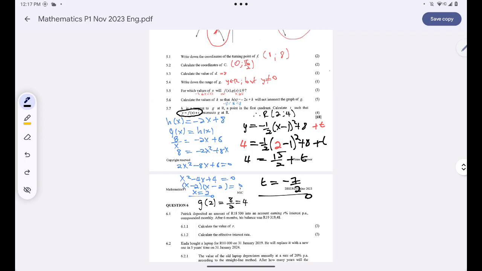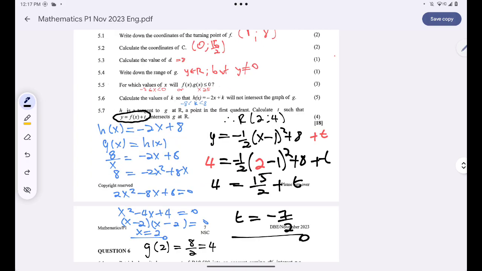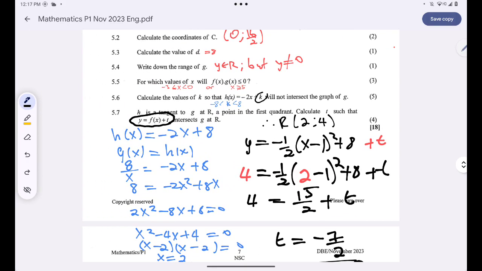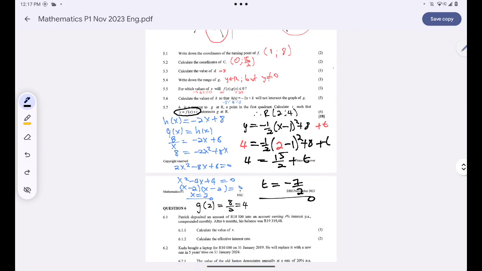Firstly, you needed to find the coordinates of r. How do you find the coordinates of r? You are told that h is a tangent to the graph of g. But for h to be a tangent, the value of k has to be equal to positive 8. Just substitute 8 there whenever you see k, and then you solve.